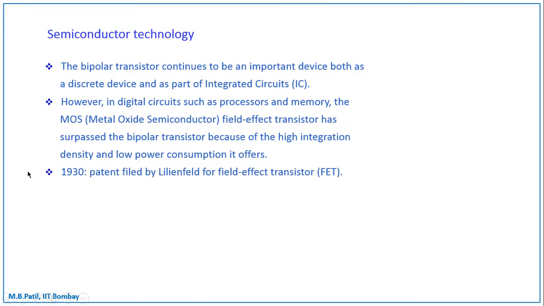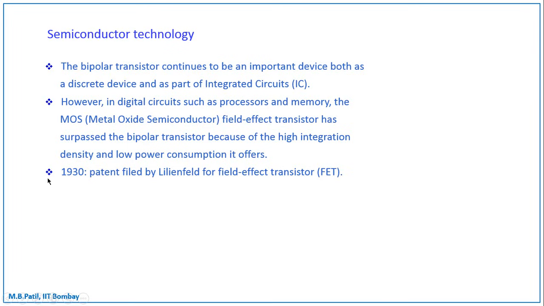It is interesting to note that the idea behind the MOS transistors actually dates back to 1930, that is before the bipolar transistor was invented in 1947, as we saw. And in 1930, Lilienfeld filed a patent for field effect transistor, which forms the basis for the MOS transistor.